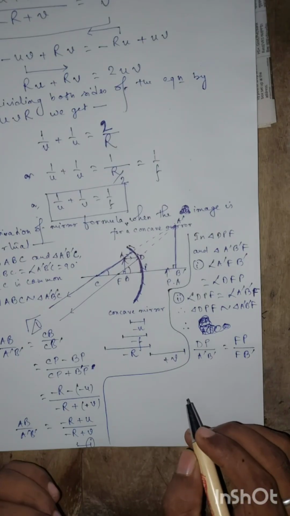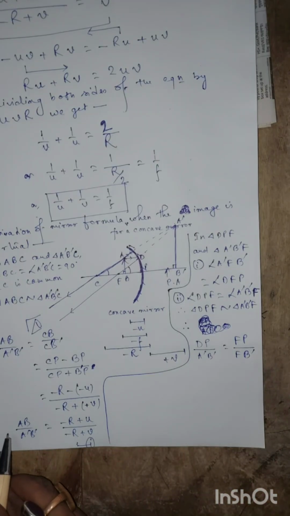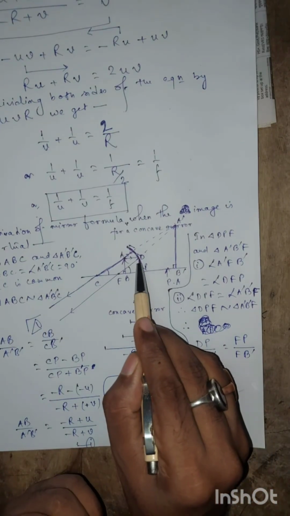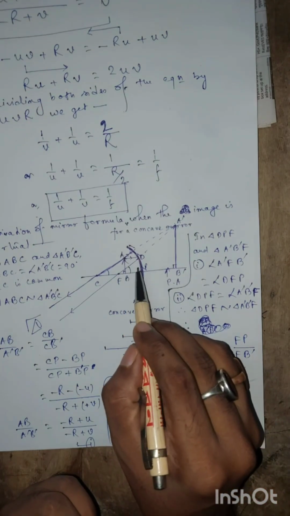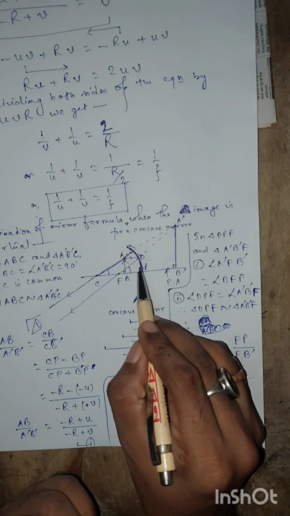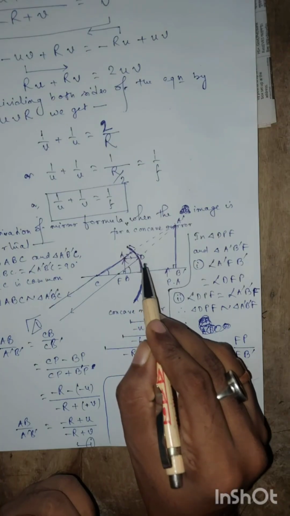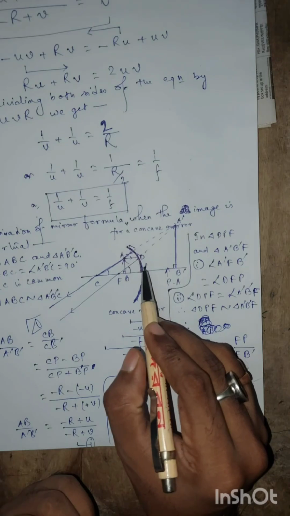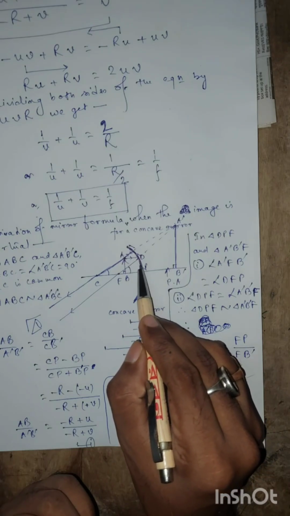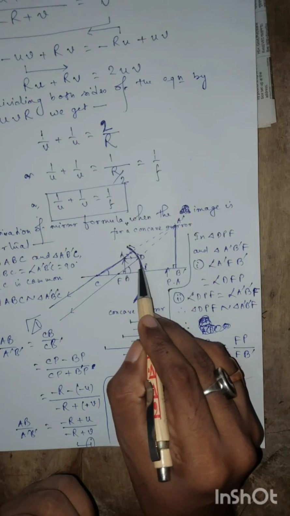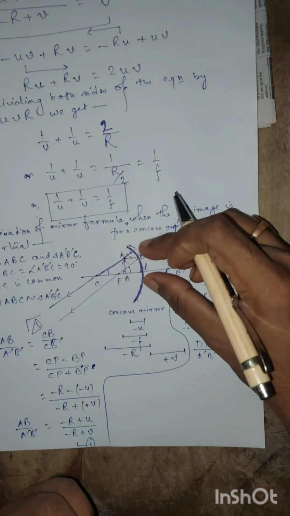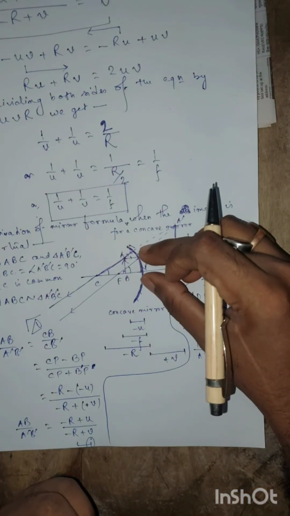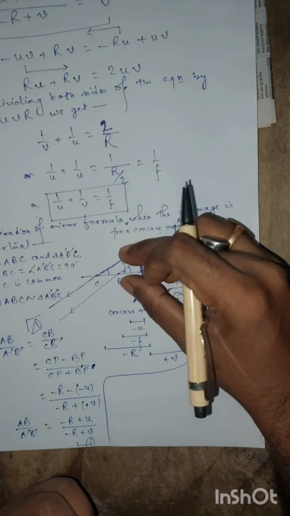Now we can say DP is approximately equal to AB. So in place of DP we can write AB.